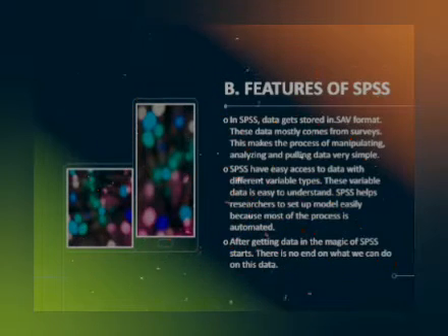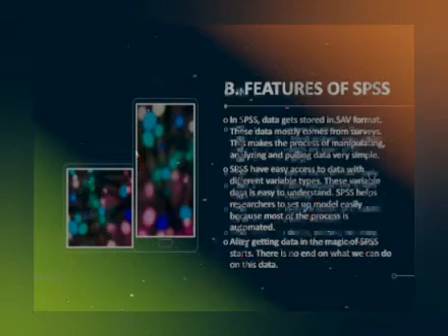This variable data is easy to understand. In SPSS, most of the processes are automated, so it helps researchers to set up models easily. After getting data into SPSS, there is no end to what we can do with this data.